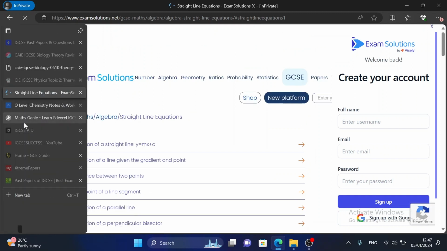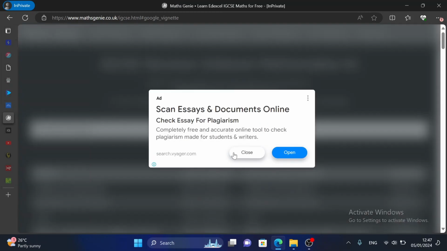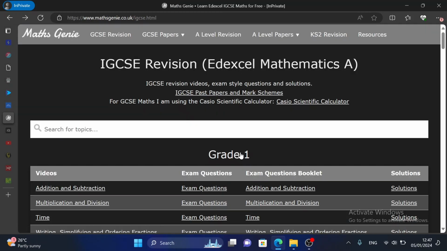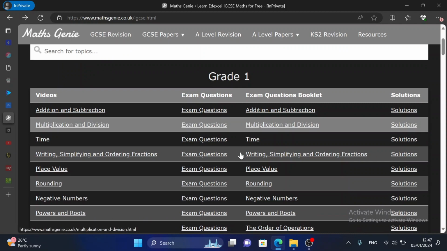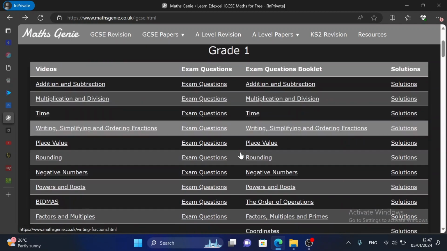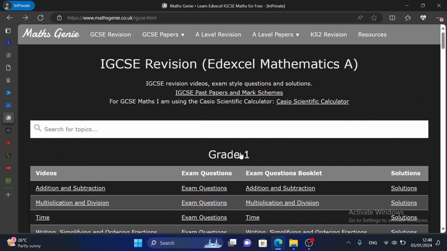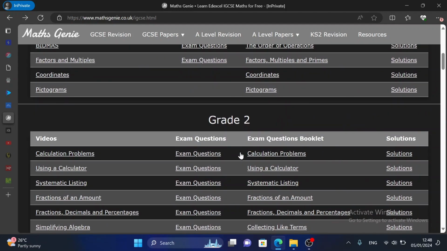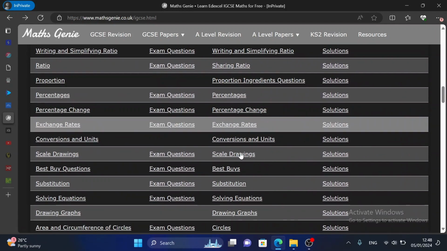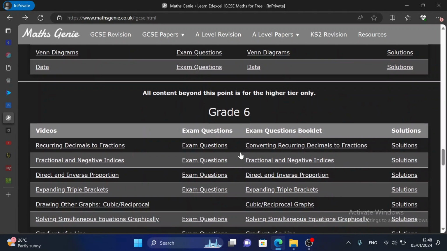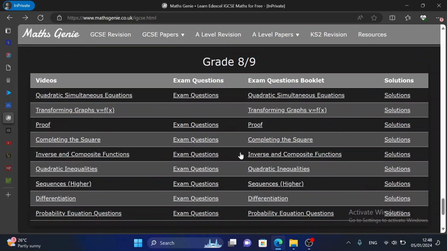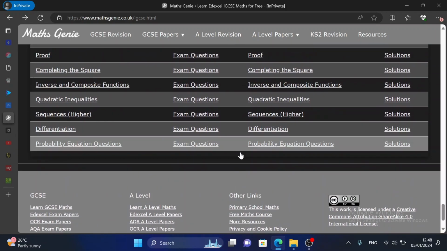And you got Maths Genie. They also have exam questions, and they also have videos and stuff. So there's IGCSE Maths. You got a bunch of grades. So just look at where you're weak and start cracking. Got up to grades 8 and 9.